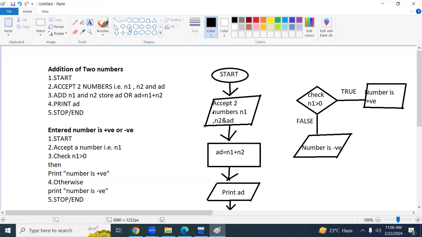So from both ends, we need to stop. If it is positive, then our program flow should be stopped. And if it is negative, then also our program flow should be stopped. So both should be connected. And here we need to draw an oval shape.